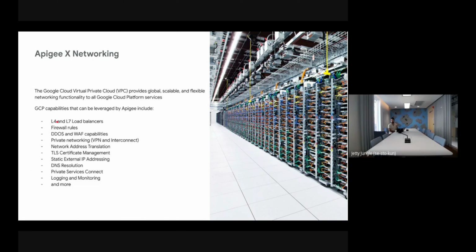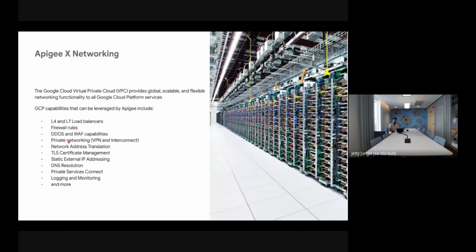And similarly, you get access to all the other capabilities as well. So for example, DDoS protection and web application firewall. That is something that you would configure, again, on the load balancer. You would configure Cloud Armor, which is a GCP service, to do the DDoS protection and web application firewall, to do the WAF and DDoS capabilities for the APIs that you will configure on Apigee.